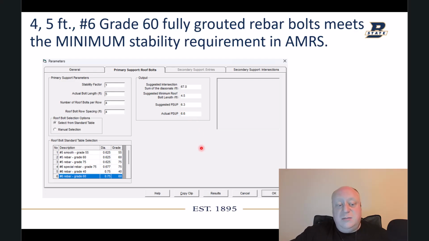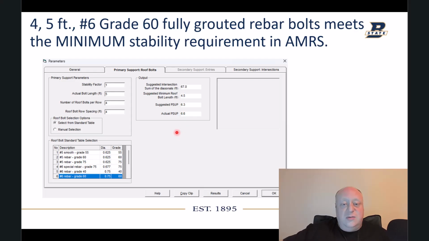So this would be just minimum bolt design for this particular mine based on this software package, like I said, which is an empirical model that we will talk about in the future.